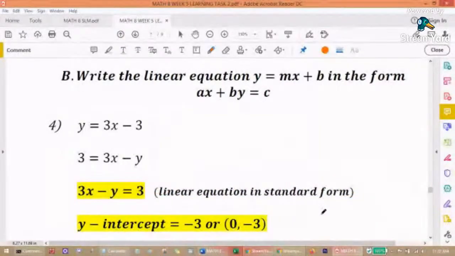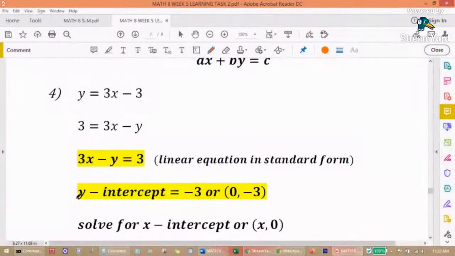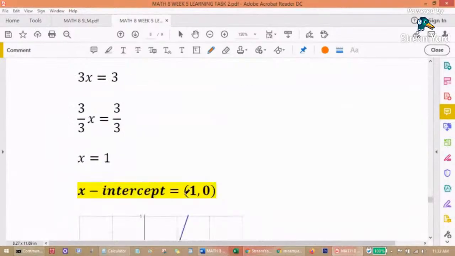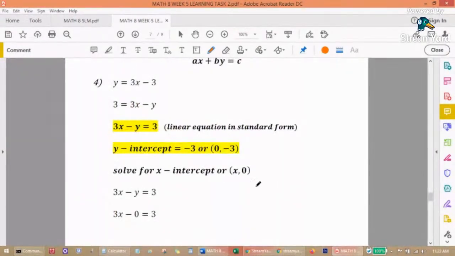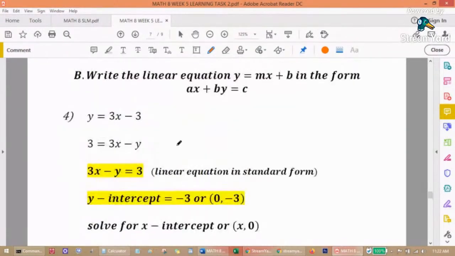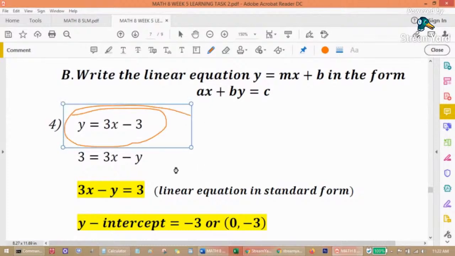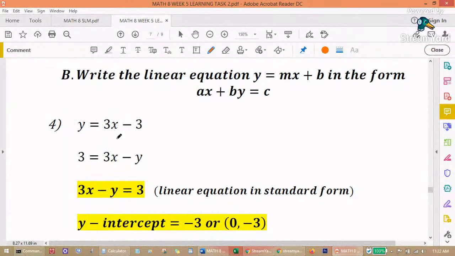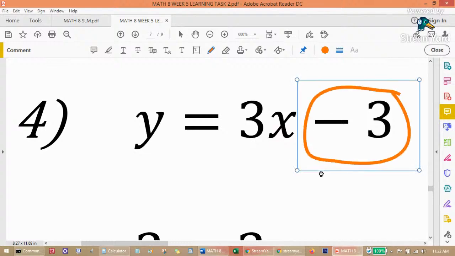So since dahil nagda-graph tayo, ang pinakamabilis na pag-graph is kunin ang y-intercept at saka x-intercept. Okay? So since dito meron na tayong slope-intercept form, y is equals to mx plus b.